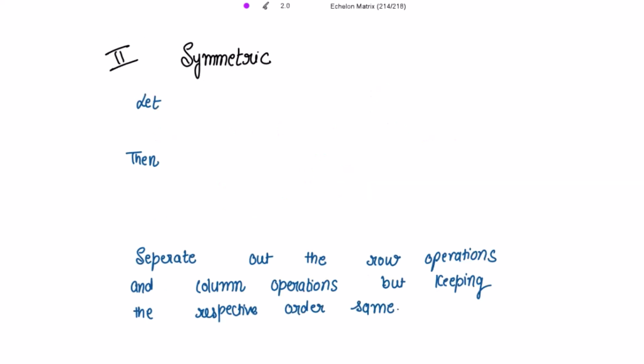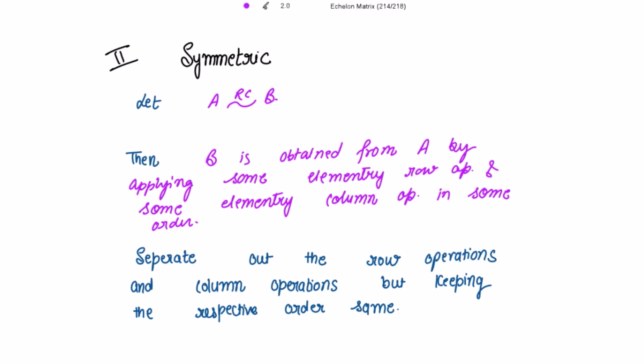Next, to show that the relation is symmetric, for that A is row column equivalent to B, and we need to show that B is row column equivalent to A, right? If A is row column equivalent to B, then what we are saying is that B is obtained from A by applying some elementary row operations and column operations, in some order.